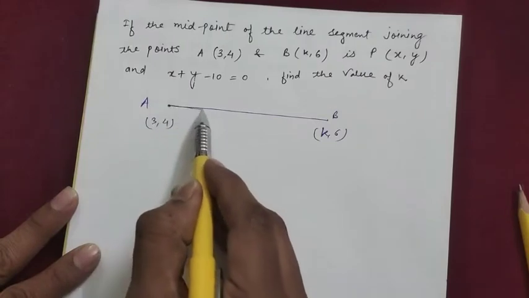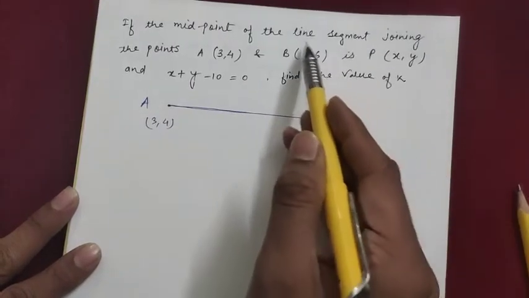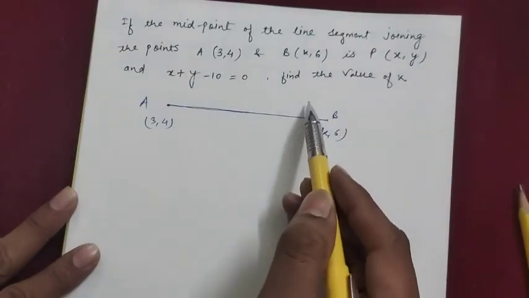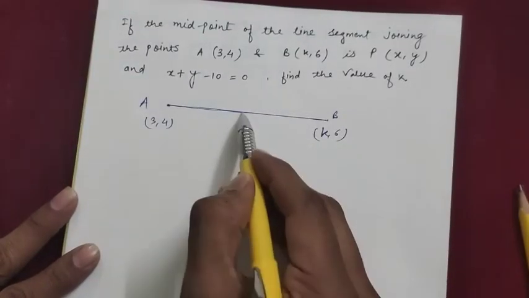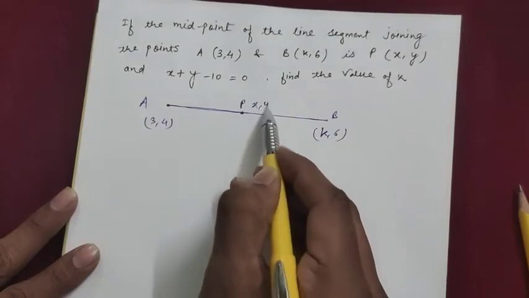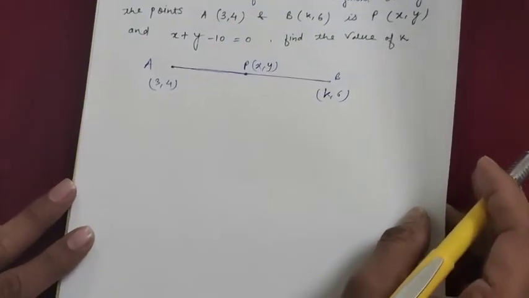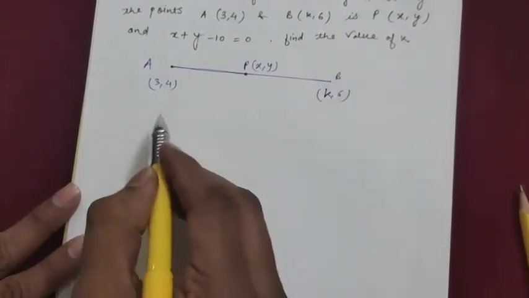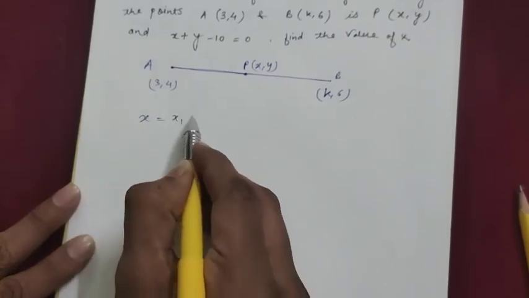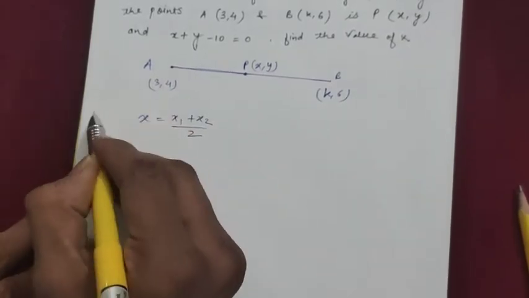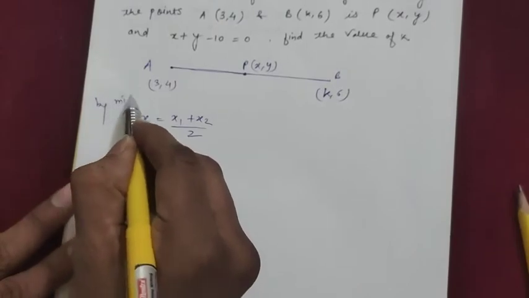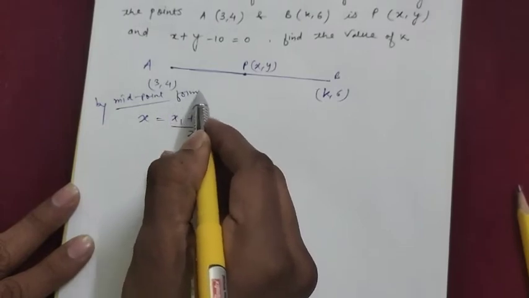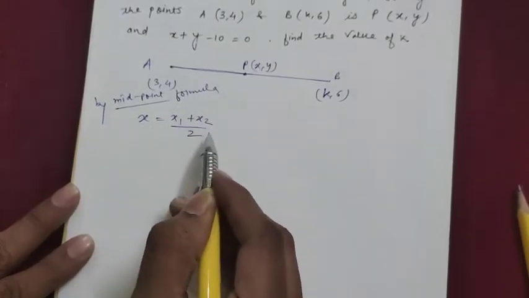Since AB is a line segment, as it is already given in the question, and P is the midpoint x comma y, we know that we have a formula to find the midpoint. By the midpoint formula, x equals x1 plus x2 upon 2.